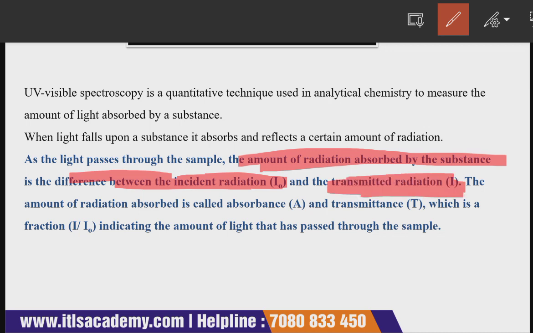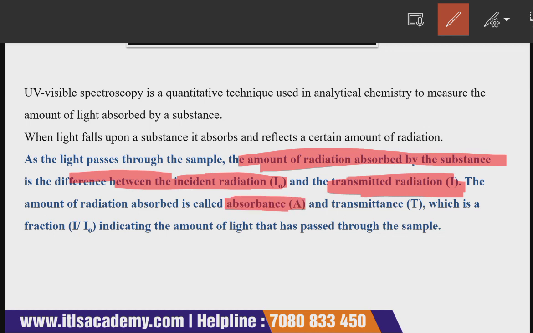So the amount of radiation absorbed by the substance is the difference between I0, the incident radiation, and the transmitted radiation. The amount of radiation that is absorbed is called absorbance.